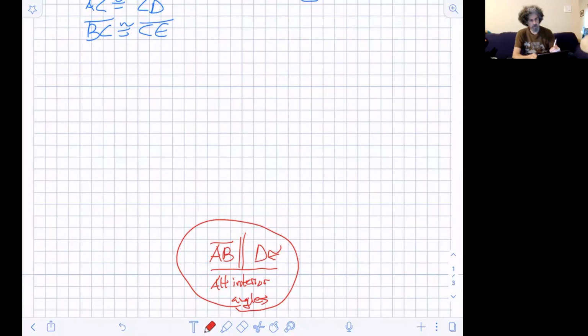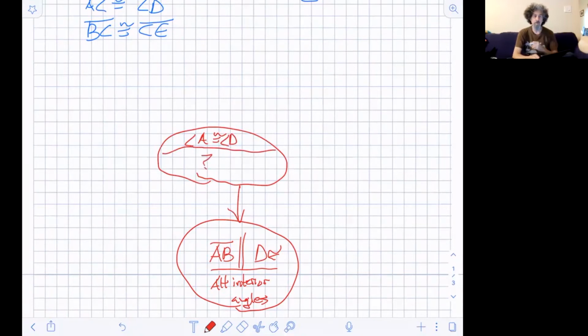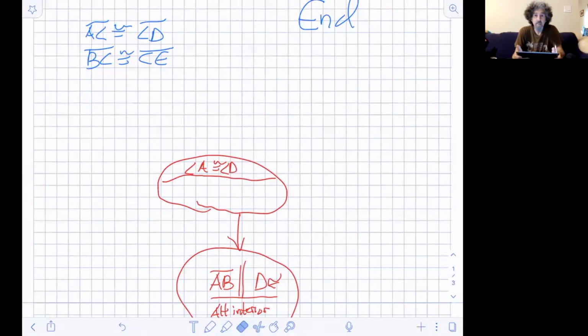I'm doing it as a flowchart proof because that's kind of easiest to follow. So to get to there, I need to say that angle A is congruent to angle D. And how might I know that? You should immediately think, prove triangles congruent.